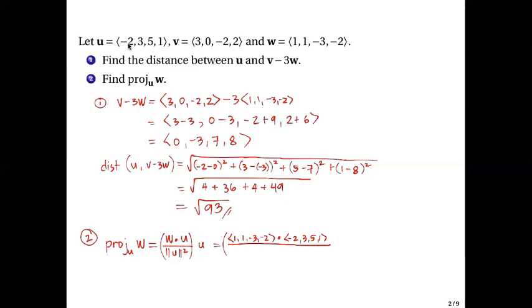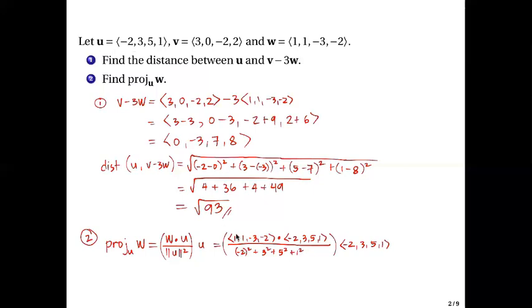So basically, you just square each component and then you add. So you will have here -2 squared plus 3 squared plus 5 squared plus 1 squared. And then vector u, it's just again -2, 3, 5, 1.